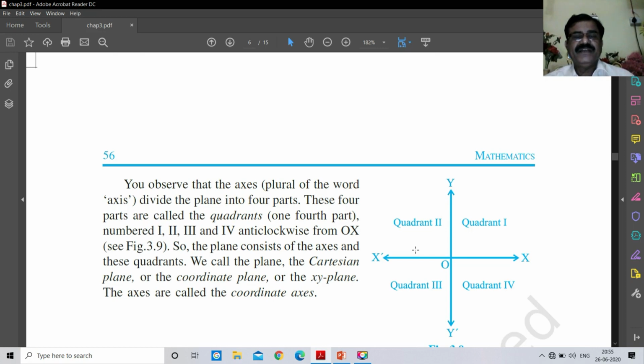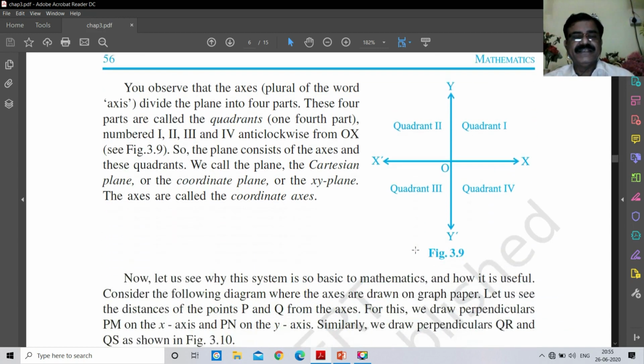So the plane consists of the axes and these quadrants. We call the plane the Cartesian plane, or the coordinate plane, or the xy plane. These are the names of this Cartesian system. The axes are called the coordinate axes.